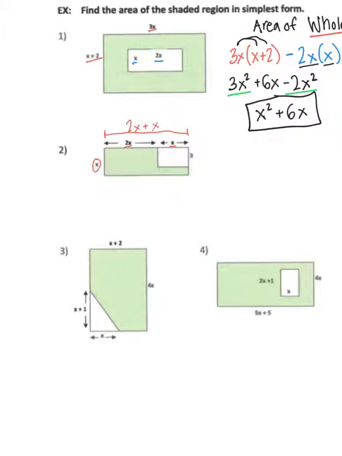We add those two together to get our whole side. So if I want the area of my whole shape, that's going to be x times 2x plus x. Then I'm going to subtract the area of my hole, which is just my x here and my 3. So 3 times x.